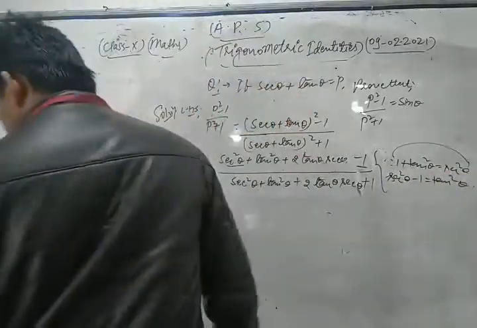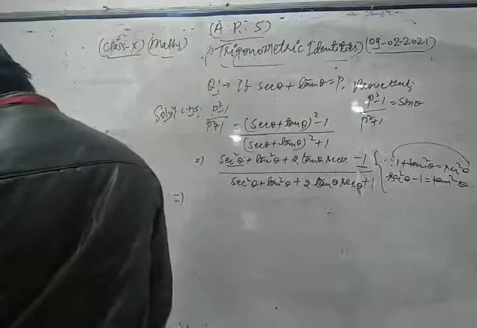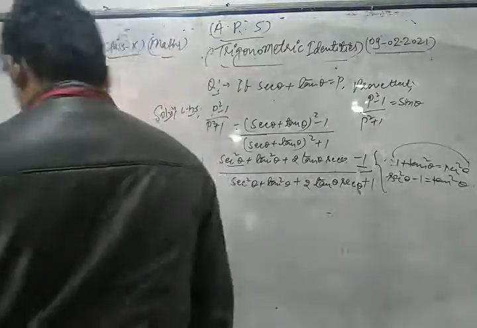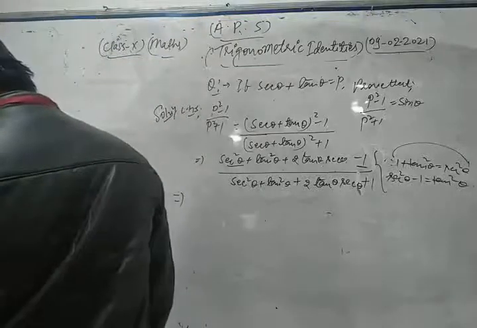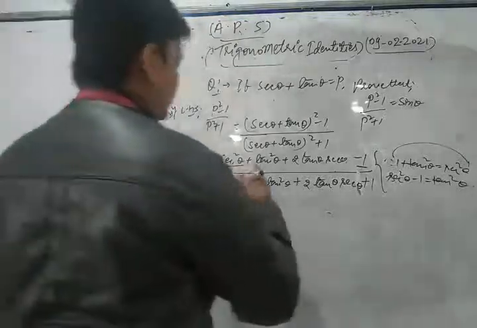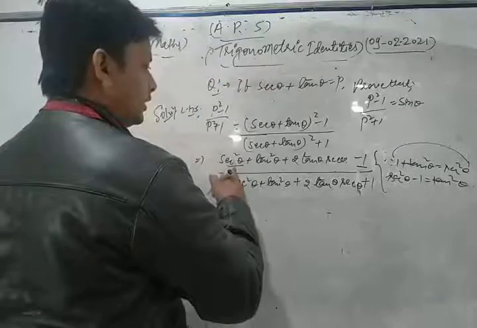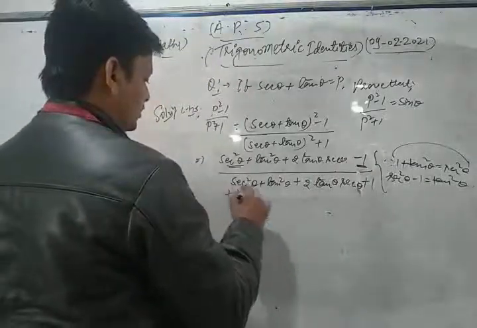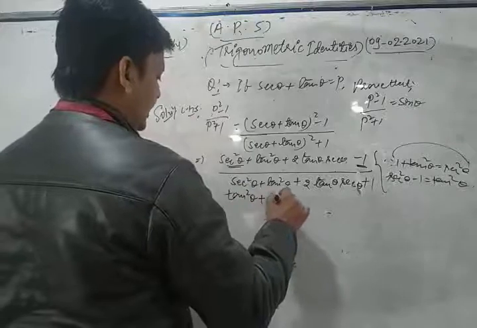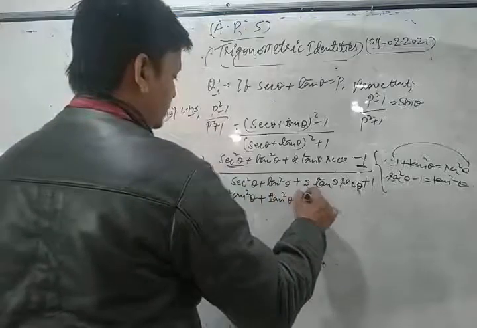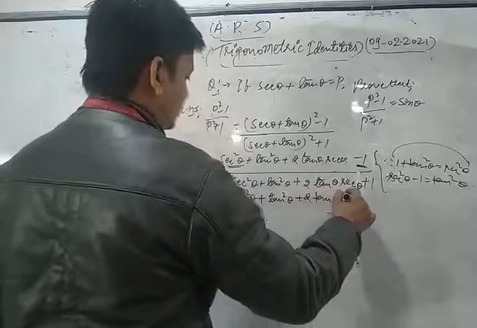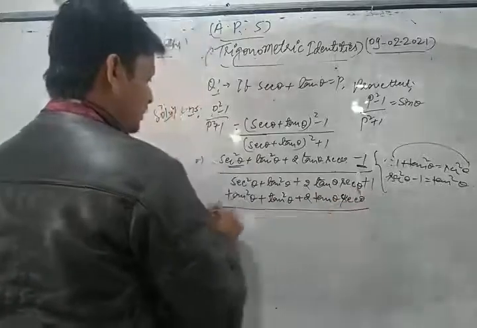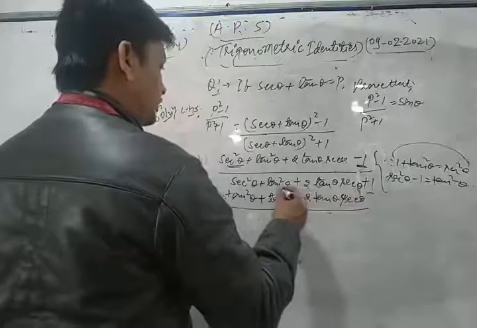Now in the numerator this is tan square theta, and plus 2 tan theta into sec theta, and in the denominator this is 1 plus tan square theta.